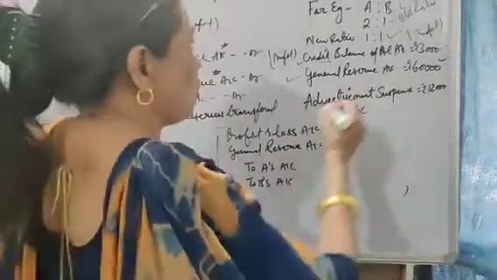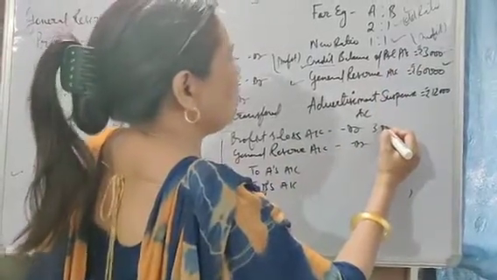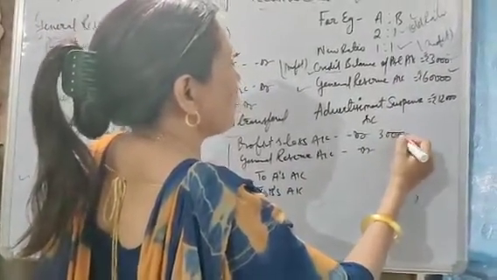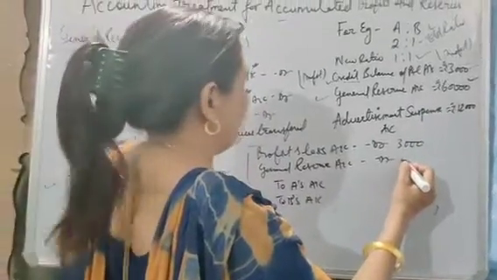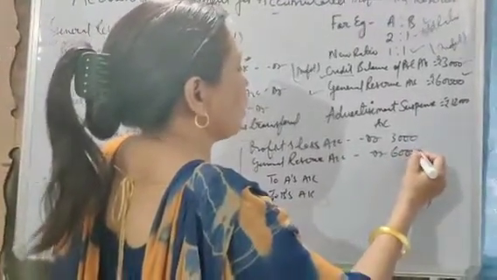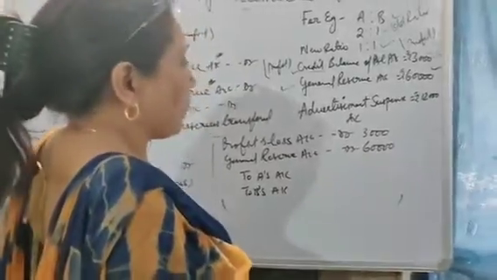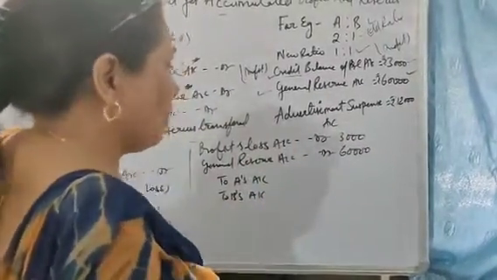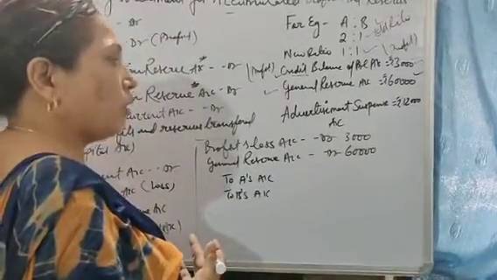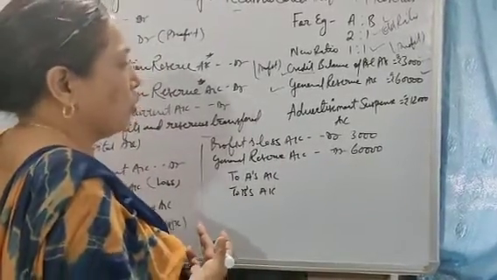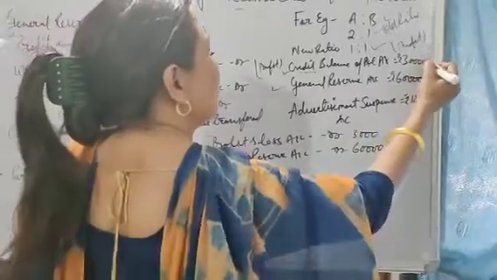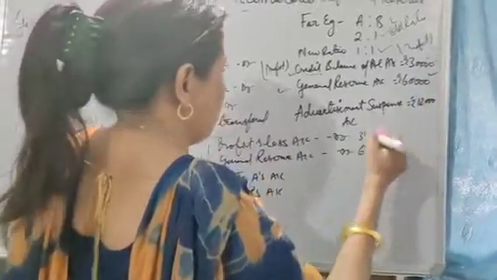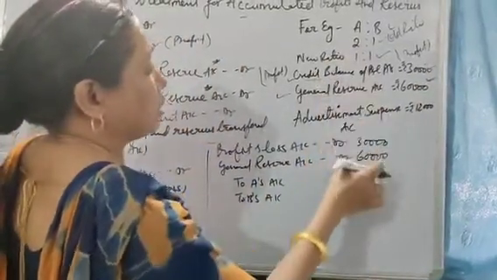Okay, so first of all, profit is there, that is 3,000, and reserve is there 60,000. Okay, so you can prepare entry, separate entry also you can prepare, and combined entry you can also prepare. Okay, so I will make it 30,000. Okay, so it's easy to divide it.